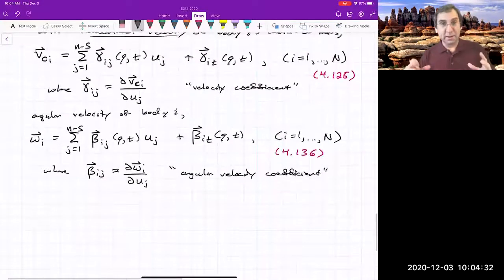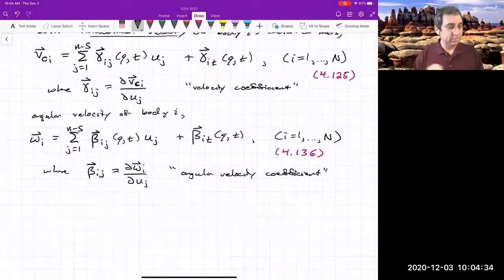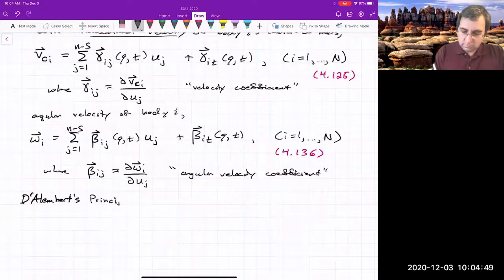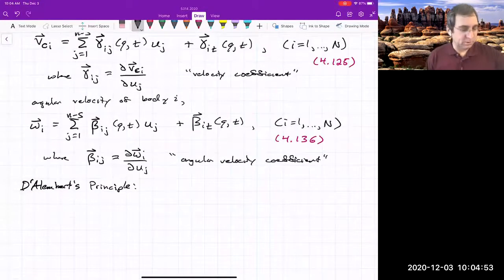And then the heart of the matter, where the dynamics equation comes from, is D'Alembert's principle. So you literally use D'Alembert's principle to get the equations of motion.